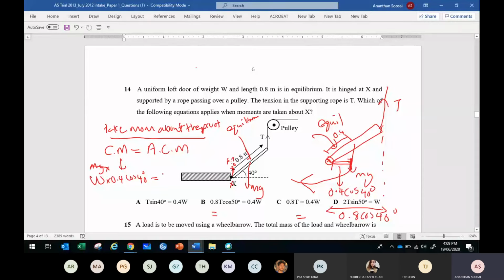So this should be tension times 0.8 cos 40. Therefore, you can see cos 40 cancels. So it's actually W times 0.4 equals T times 0.8. So the answer is C. Answer should be C.